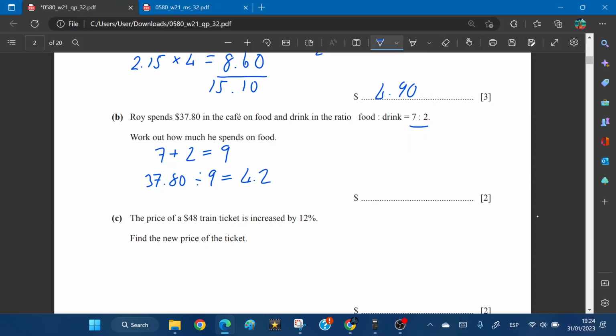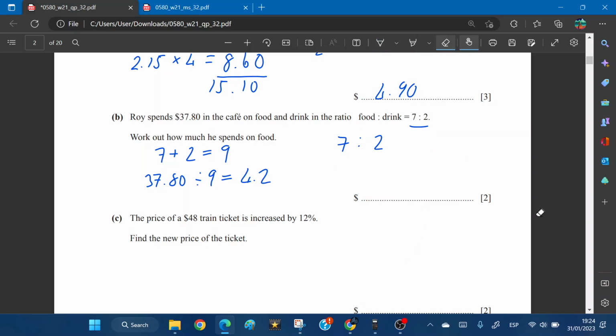Okay, so it's like having this ratio here, 7:2, and we want an equivalent ratio to that. So for example, we can times it by 2, so we got 14 and 4, but that will equal a total of $18. What we want is we want that to equal $37.80. Okay, so let's get my rubber here.